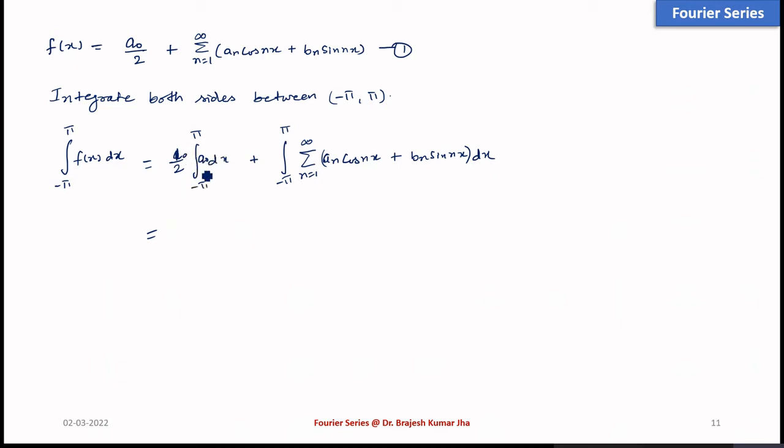So this value is going to be, integrating from minus pi to plus pi, a0 is a constant that we can take outside. So it is going to be a0 by 2 times the integral from minus pi to pi, which is 2 pi.